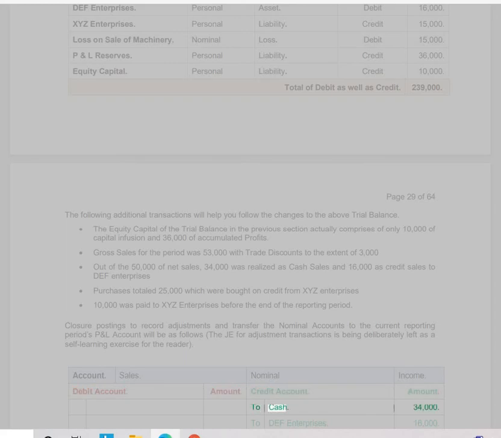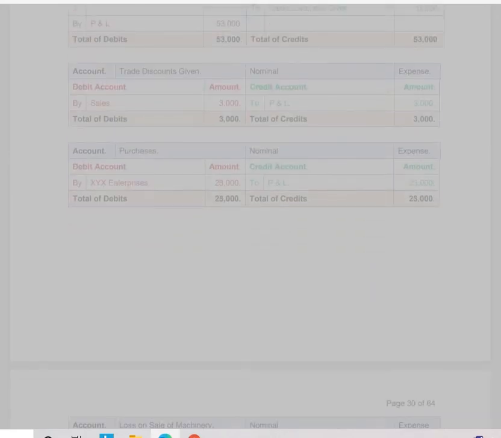To cash, 34,000. To DEF Enterprises, 16,000. To trade discounts given, 3,000. By P&L, 53,000. Total of debits 53,000. Total of credits 53,000.